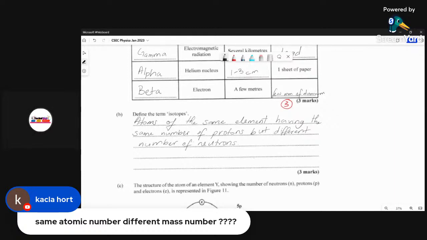You get your 3 marks. So it's atoms of the same element having the same number of protons but different number of neutrons. If you didn't want to put the part about element, which is very critical, but if you wanted to say they are atoms which have the same number of protons but different number of neutrons, that could go as well.